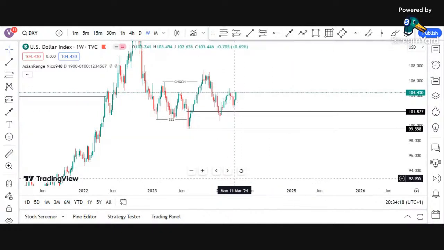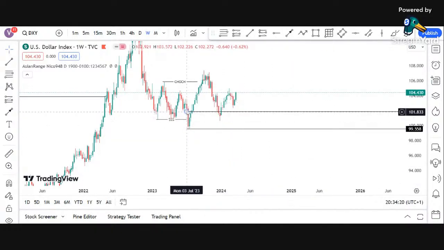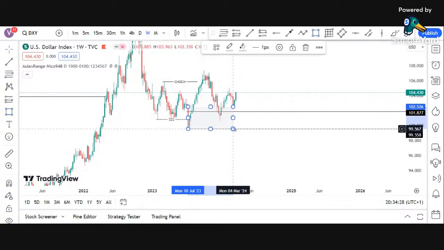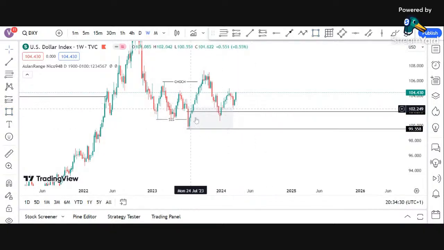And what happened? Price came into the bullish order block, which is the last bearish candle, and now we're seeing that price gives us a shift to the upside.